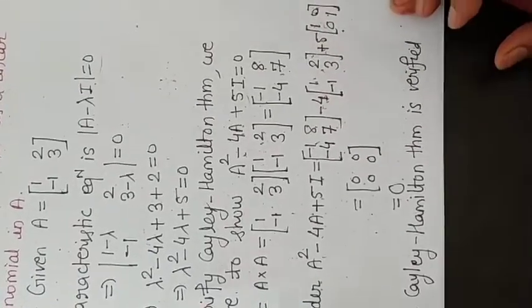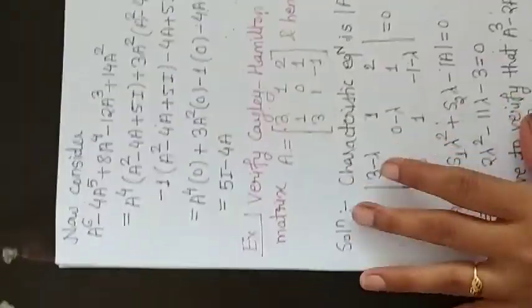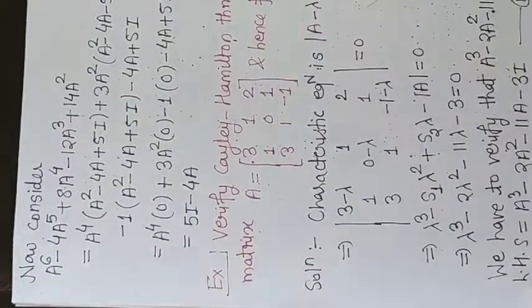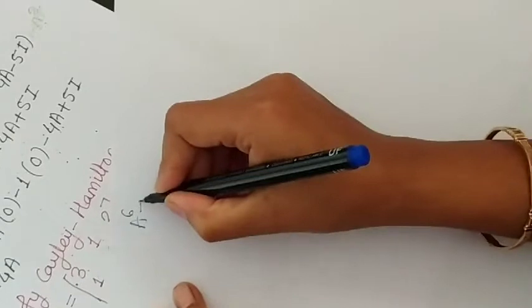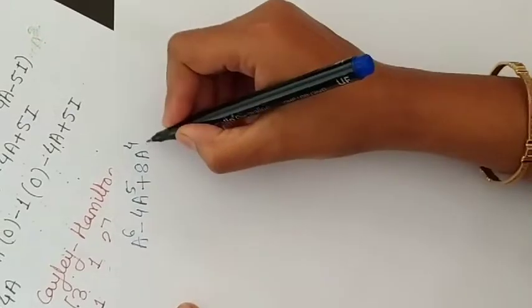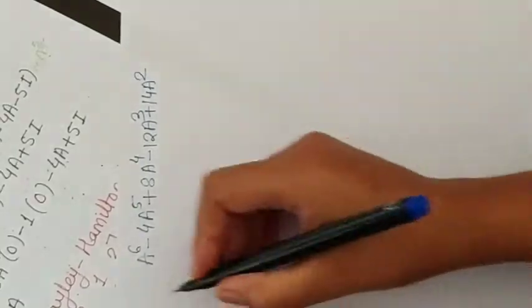Now let us see the second part, that is the simplification of this expression. So we have A to the power 6 minus 4A to the power 5 plus 8A to the power 4 minus 12A cube plus 14A square. Now divide this by the left hand side of the Cayley-Hamilton theorem, which is A square minus 4A plus 5I.